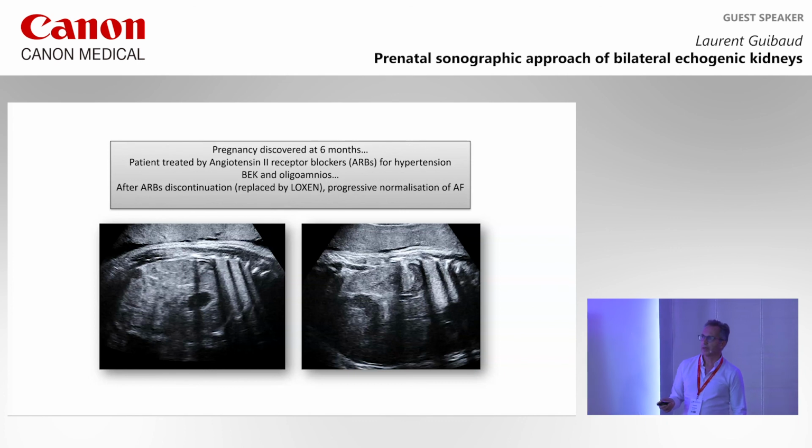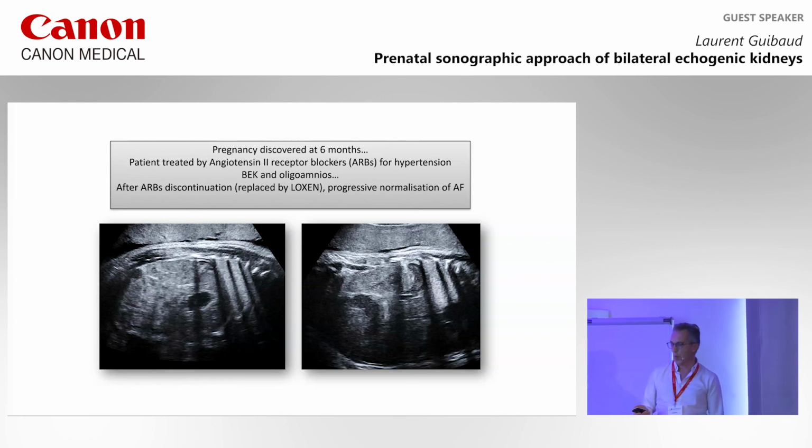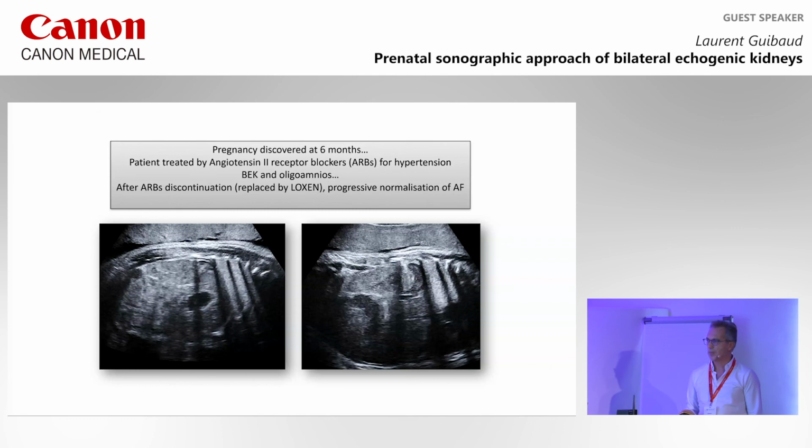Because of that, she was treated by angiotensin II receptor blockers. She came with very echogenic kidneys and oligoamnios, and we replaced the medication with Loxen, with a progressive normalization of the amniotic fluid, but no normalization of the kidneys. In that case, it was in fact a poor outcome for this baby.